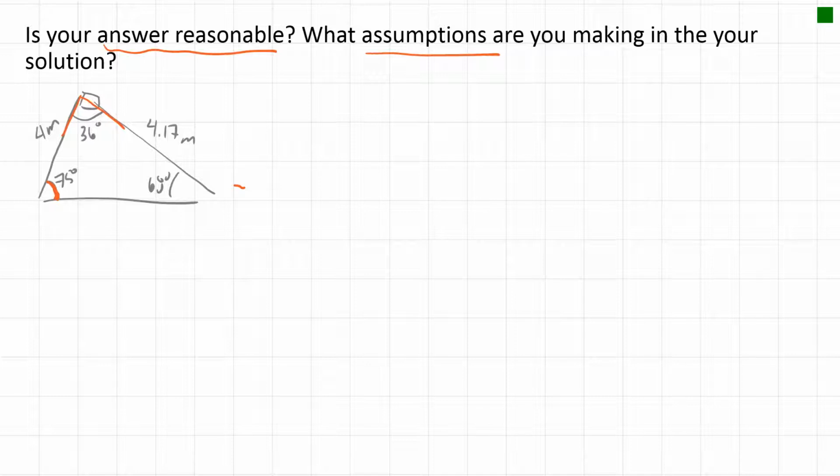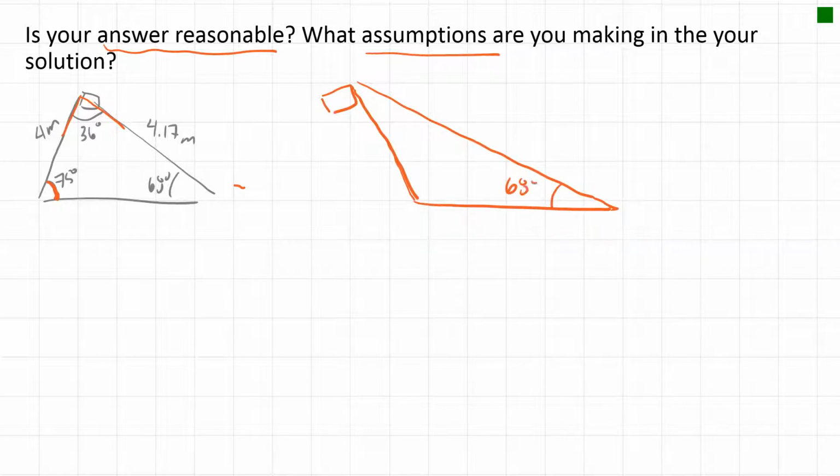Well, I leaned the flagpole to the right. It could have actually been leaning to the left. So I could have made my flagpole like this, and that means that the diagram would have looked like this here. This would have still been 68 degrees. This would have been 4.17 meters.